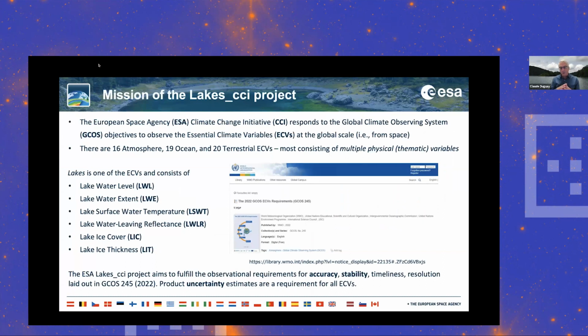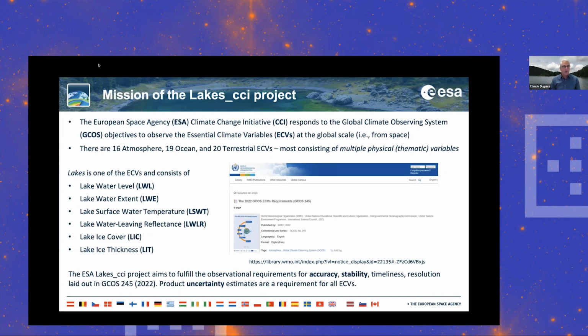So the project that I'm involved in is called the Lakes CCI project from the European Space Agency, and basically what the European Space Agency does through the CCI project, which is Climate Change Initiative, is to take some of the recommendations from the Global Climate Observing System to observe what they call essential climate variables.